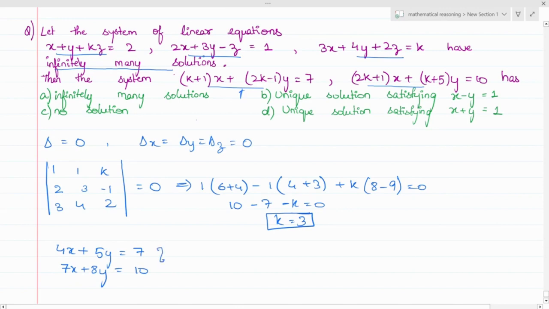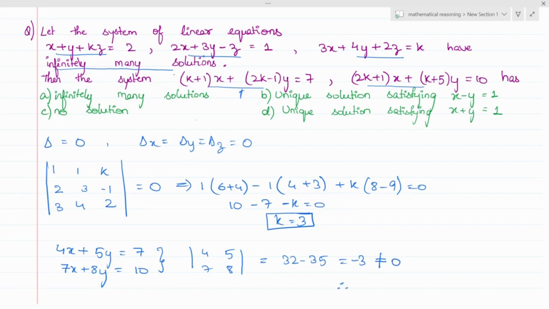Now we need to find out, if you calculate the determinant, that is 4, 5, 7, 8, which is nothing but 8 fours are 32 minus 7 fives are 35, which is minus 3, and this is not equal to 0.